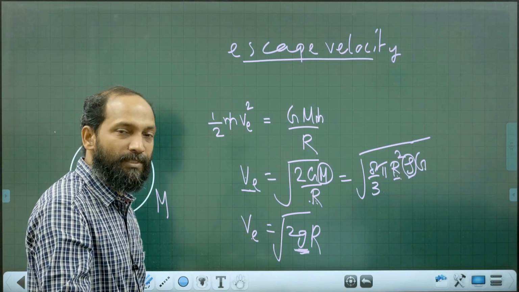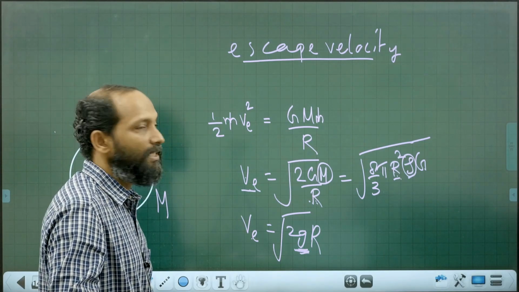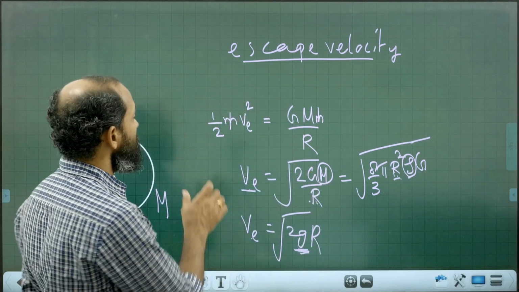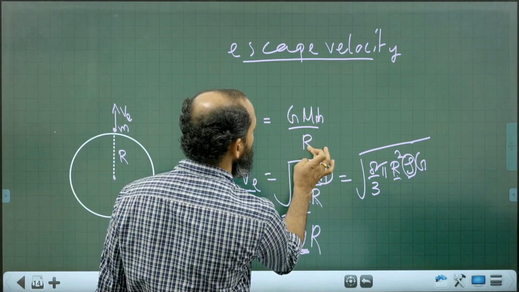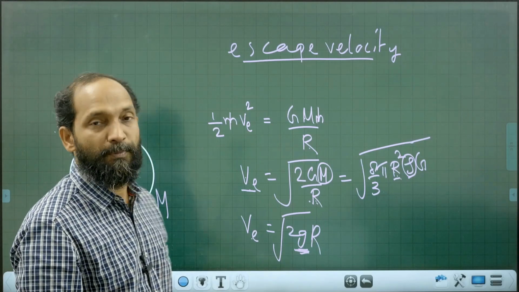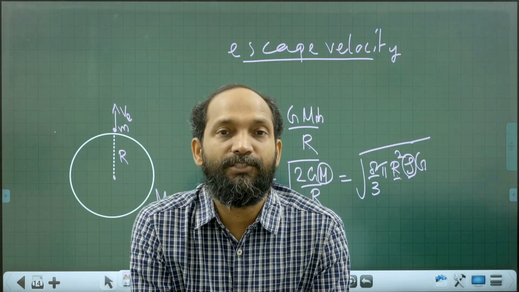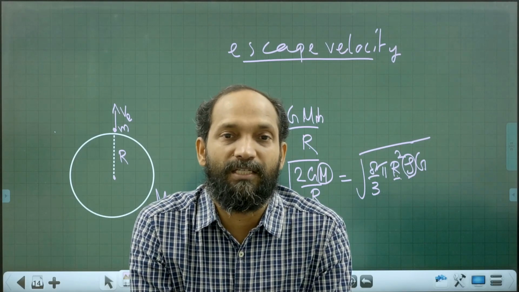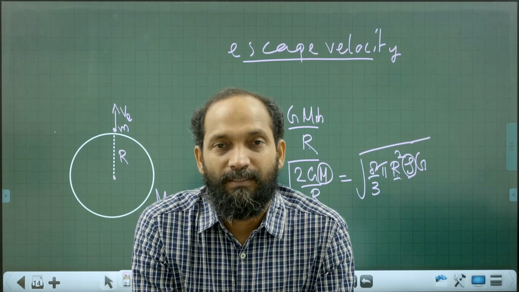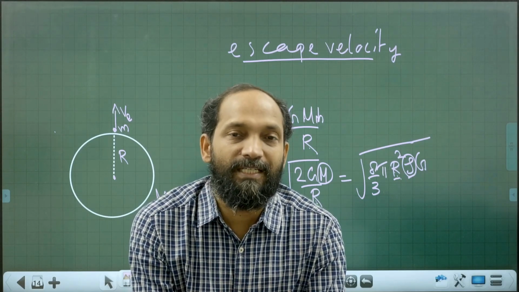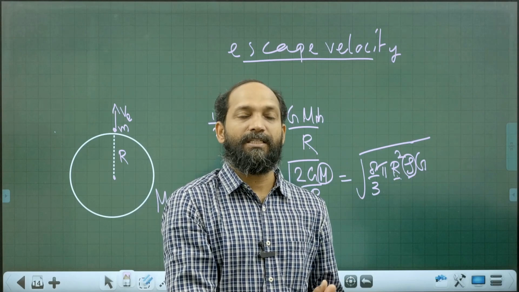So when an object is projected with escape kinetic energy, naturally it equals GMm by R. The object is projected with escape velocity, and kinetic energy is numerically equal to the potential energy. If you project a body from the surface with its kinetic energy equal to the potential energy at the surface, it just escapes.